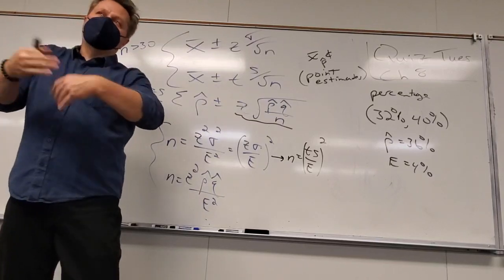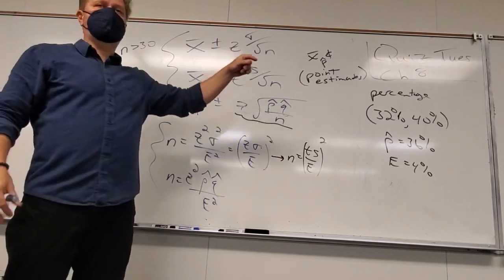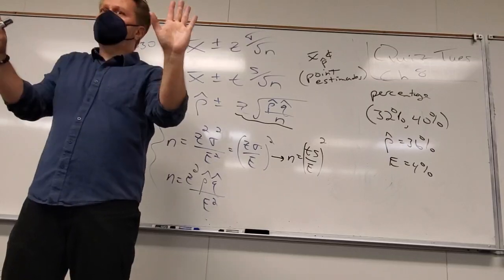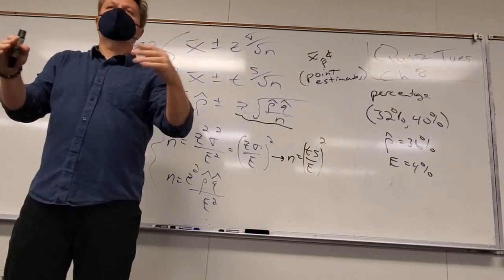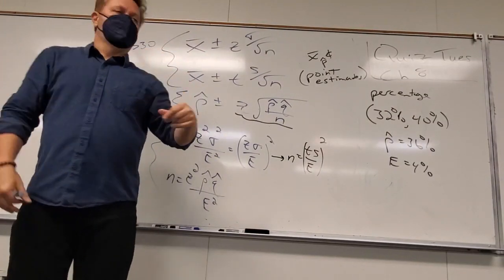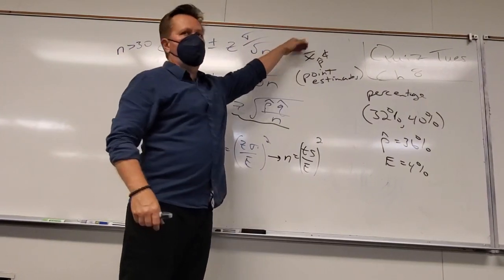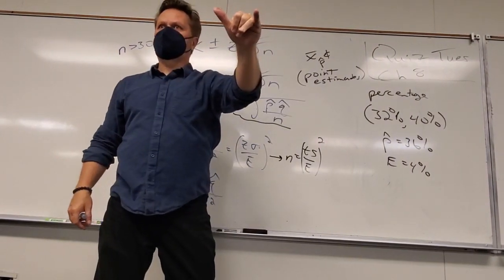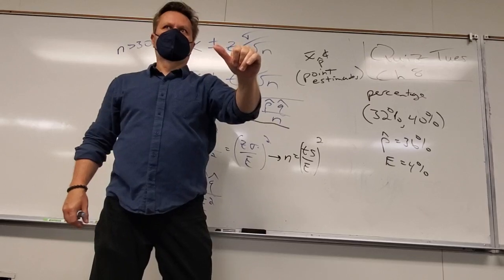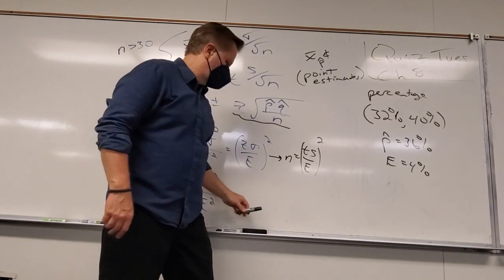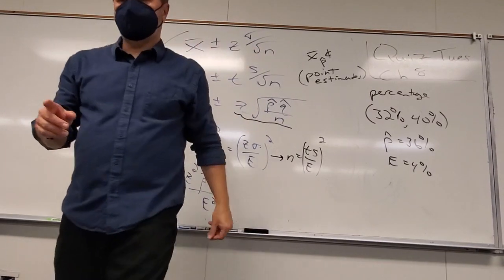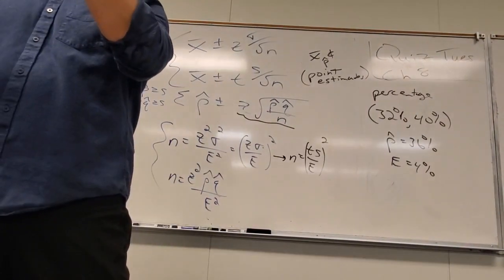It's the estimate for what the actual mean or the actual percentage is, but it came from a sample, so it's just an estimate. So if you see the words point estimate, that either means p hat or x bar, depending on which kind of problem you're doing. Okay. So that's chapter 8 in a nutshell.